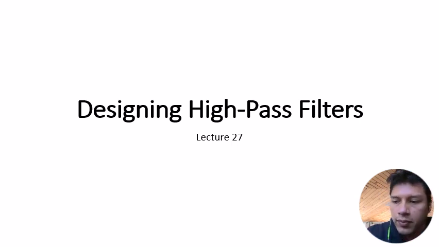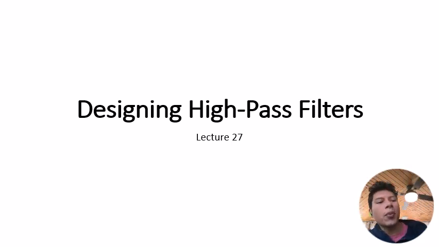Now, one thing I wanted to mention is that I already mentioned this during class. A couple classes ago, we started talking about filters. We started by defining what a filter was.